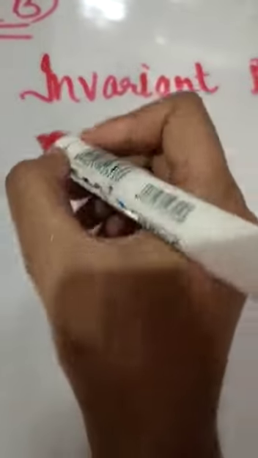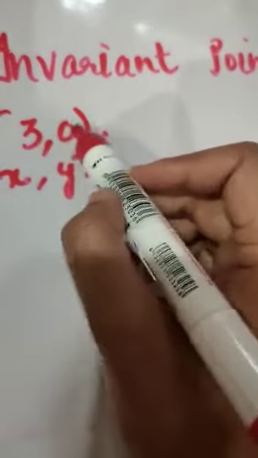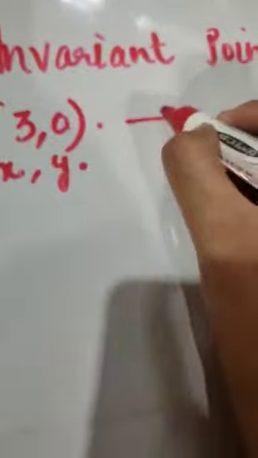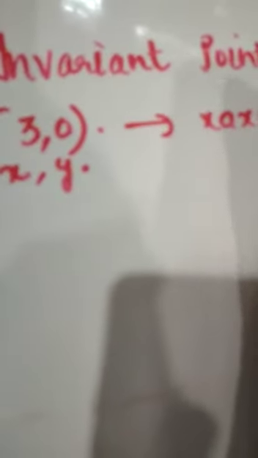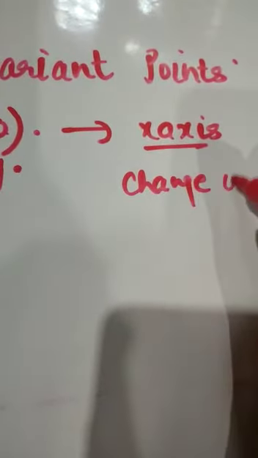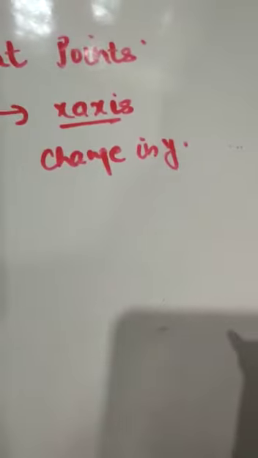Suppose you are given the point 3, 0. We know that this is x and this is y. When we reflect this point in the x-axis, the x-axis means change in y.